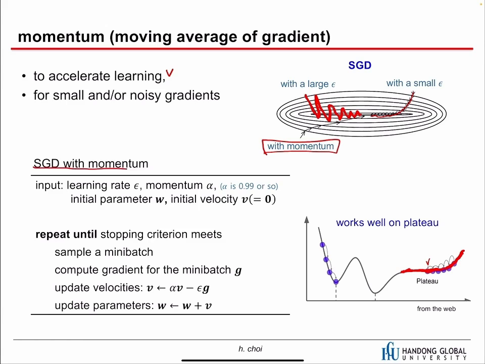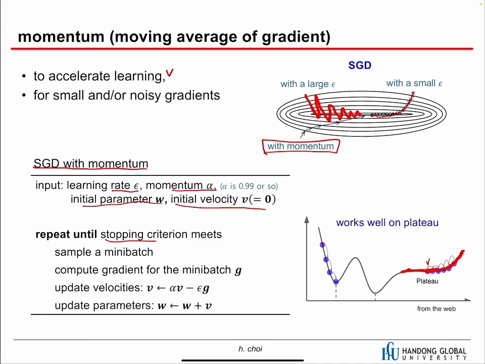So let's take a look at this algorithm, SGD with momentum. We have the learning rate and the momentum factor alpha, which is usually 0.99 or 0.95 or so. We start from a random parameter, and the initial velocity is 0. At the beginning of the learning process, the velocity should be 0.